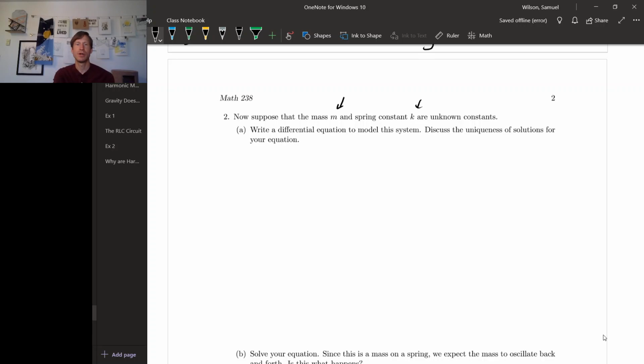Okay, so the general setup was mass times acceleration, which is y double prime, has to be equal to the force, which is minus k times y. We can move the minus ky to the left, so we get m times y double prime plus ky equals 0.